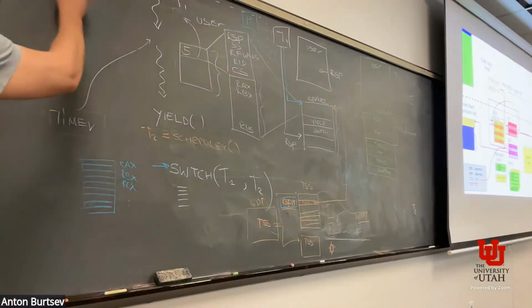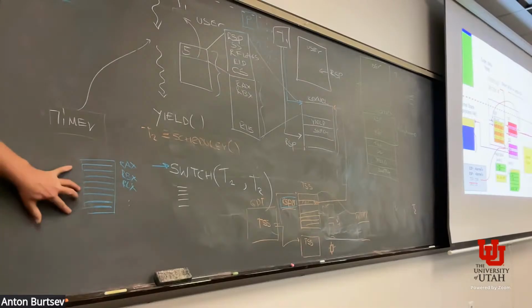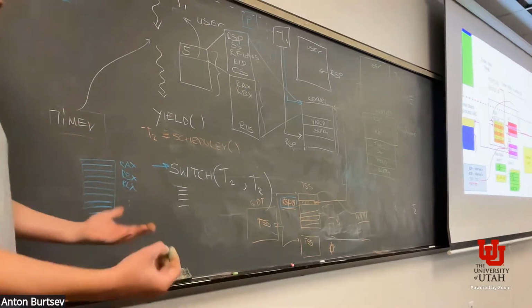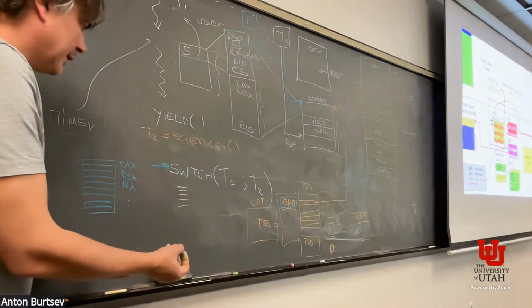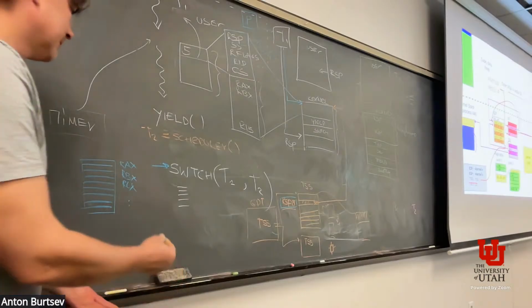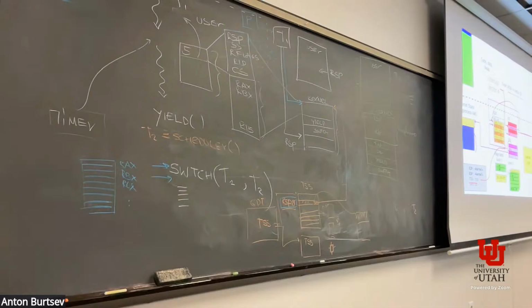Let's just save all of them, right? Why not? That's the safe approach. So if I save all of these registers, then for sure I can come back later and start running this thread. And if I restore the instruction pointer, depending on how I set up this interaction, I will exit from switch back, right?